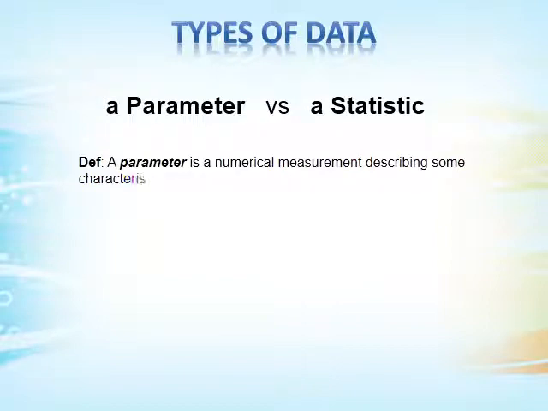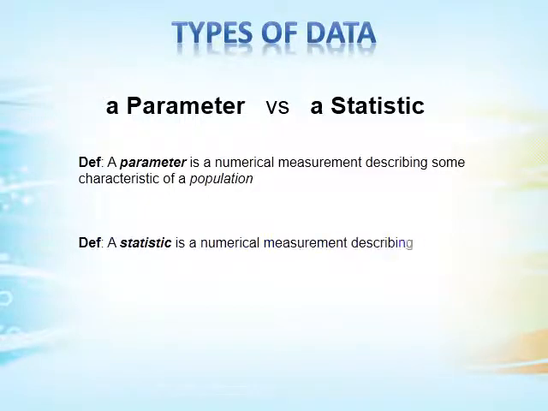A parameter is some numerical measurement describing a characteristic of a population. So for example, it might be talking about the mean of heights of people, or possibly the number of M&Ms in a fun size M&M pack.